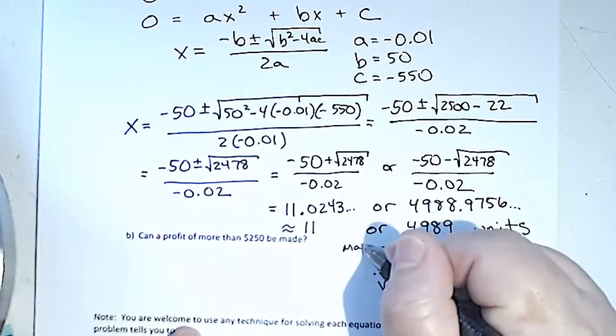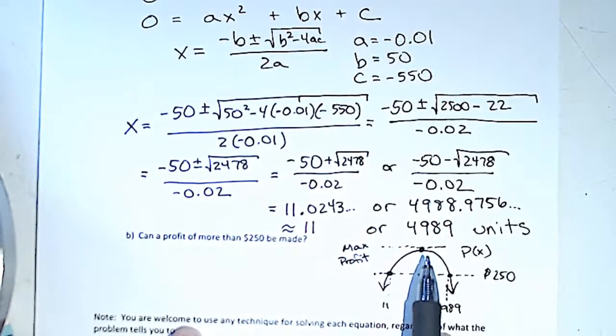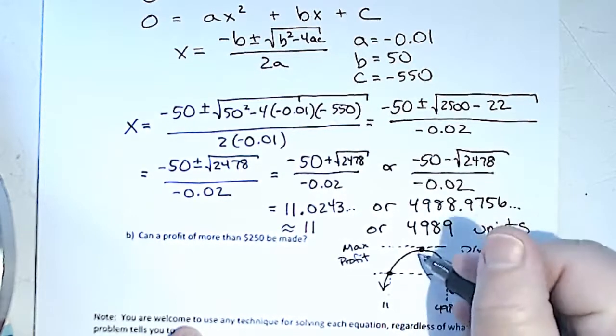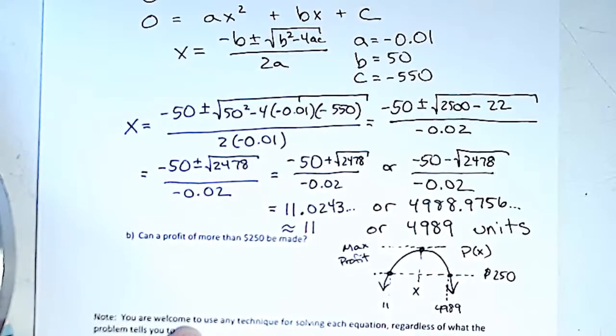At maximum profit, the maximum profit would be way up here. And how many different values of x could we use to get to that profit? Well, the one that's at the very top has only a single value of x. And so the fact that we got two different answers and the fact that they're so far apart means, oh yeah, we could make way more profit than that. Somewhere here is this magic value.